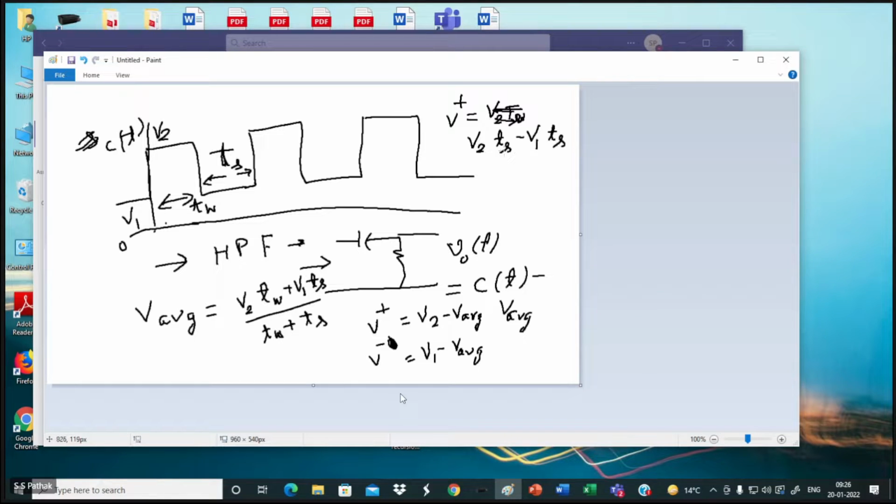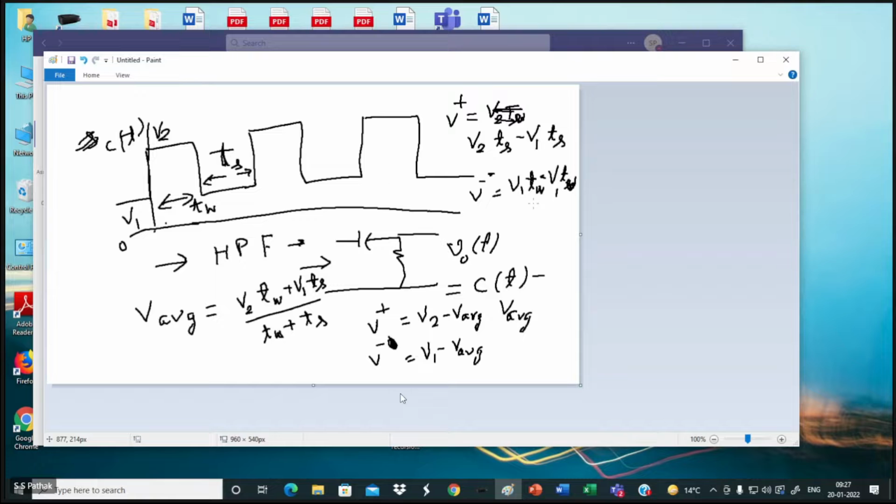So it will be your V2 minus V1 actually, and your V minus will be V1 into TW minus V1 into TS, or no, TW only here again. TW will cancel.